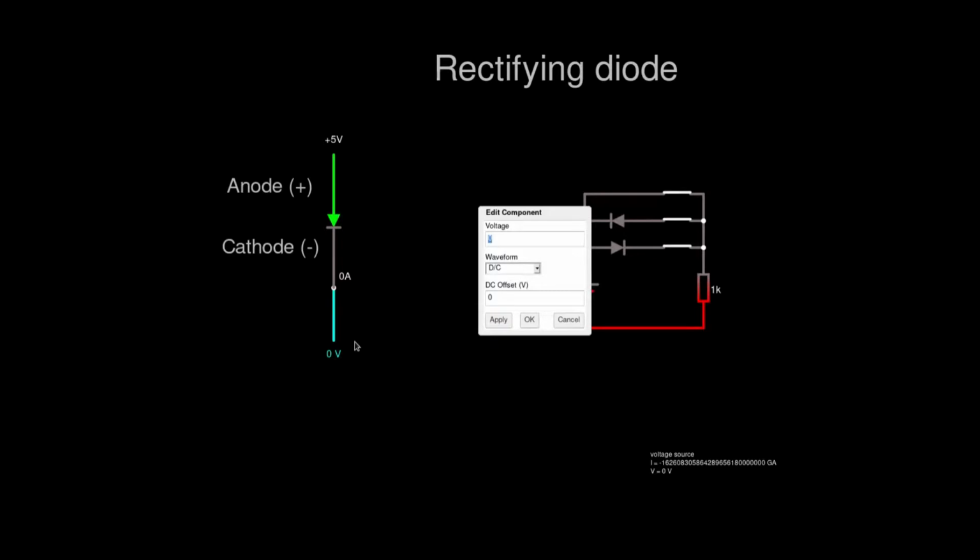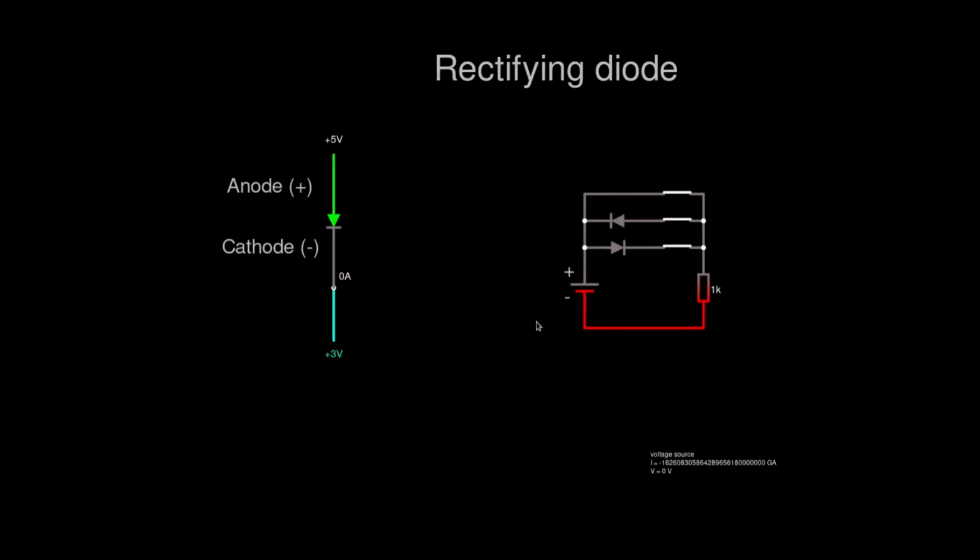So let's put it somewhere in between 5 and 0 volts. Let's say a 3 volt difference, or 2 volts that is, and run the simulation. Now we have only 10 gigaamps, which is still a lot.